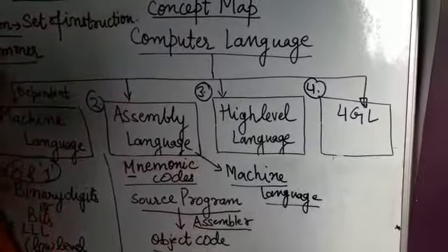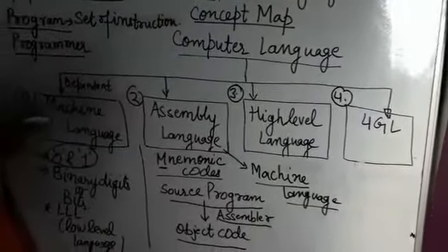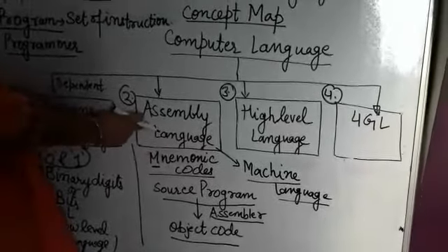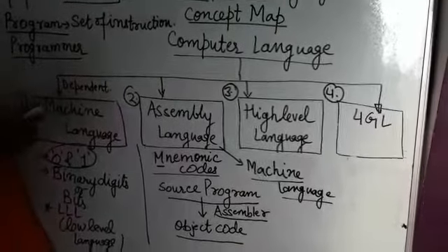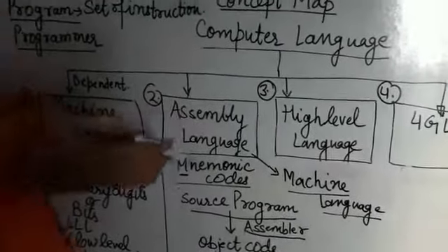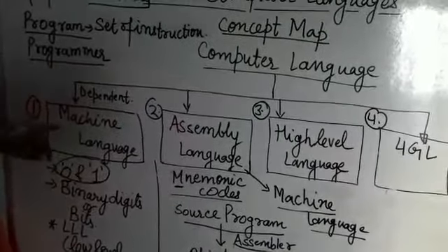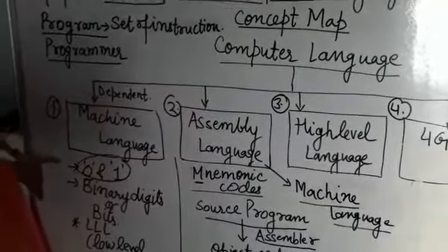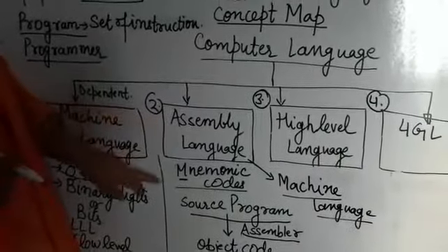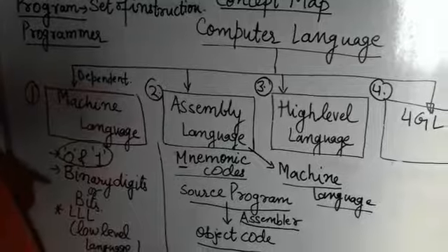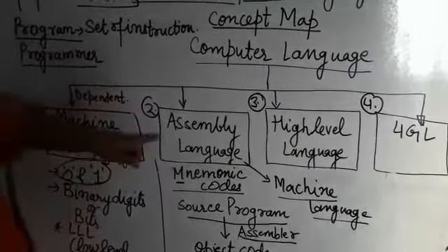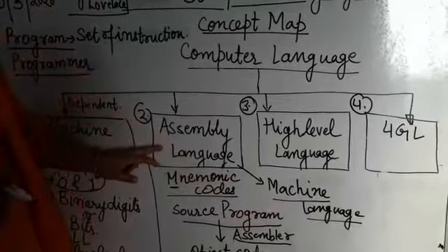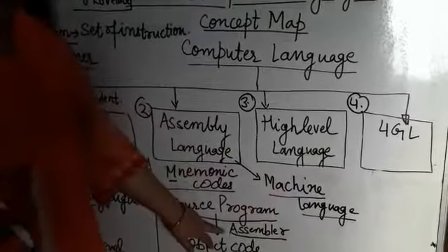So today we have discussed two languages, one machine language and another assembly language. Before I conclude, I just want to recap the difference between machine and assembly language. The difference is that machine language uses binary digits, and assembly language uses mnemonic codes. The program written in assembly language is also converted into machine language, but here a translator program is used, which is known as assembler.